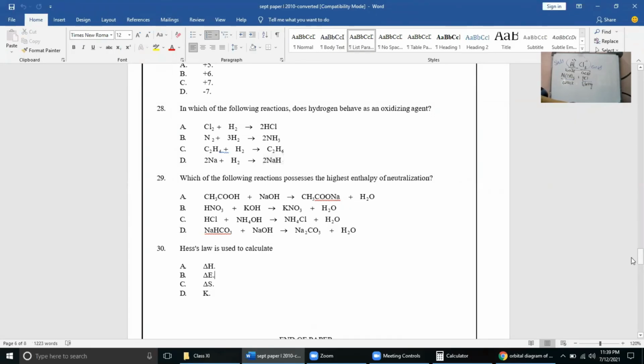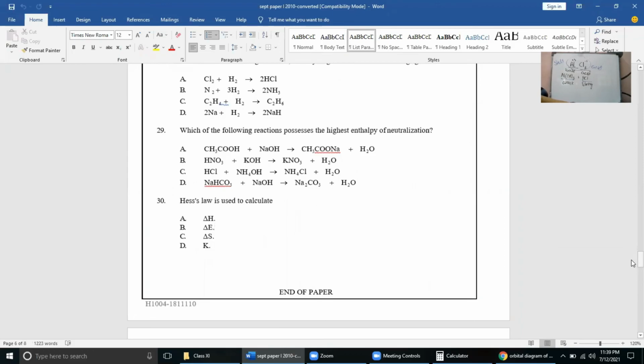Next, question number 29: which of the following reactions possesses the highest enthalpy of neutralization? For strong acids and bases, the heat of neutralization is highest and remains constant. Now you need to check where a strong acid and base are present. This is acetic acid, a weak acid. Over here both are strong. Nitric acid and potassium hydroxide, a base from a group one element, is also strong.